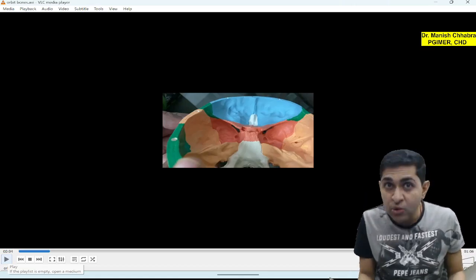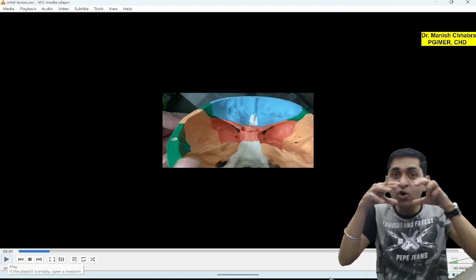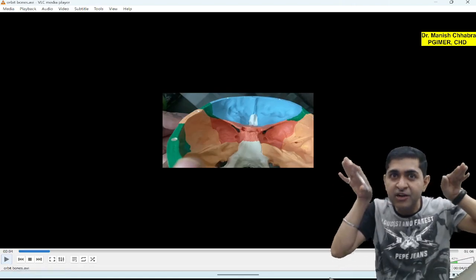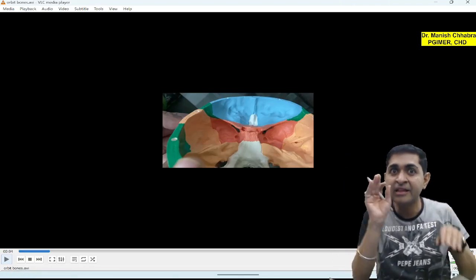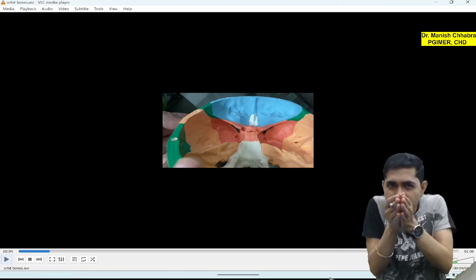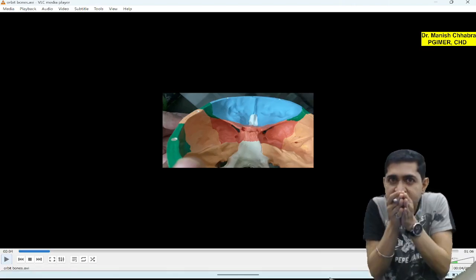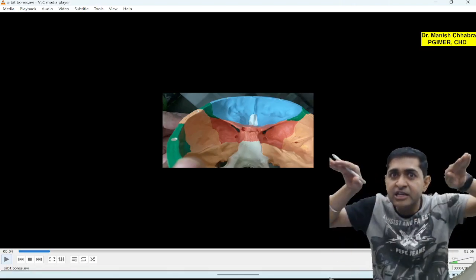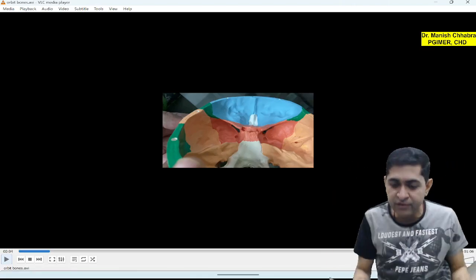Can you also see that the central orange bone is a butterfly-shaped bone, and that is your sphenoid? The sphenoid has three parts: one is the body, which is central, then the lesser wing of the sphenoid and the greater wing of the sphenoid.